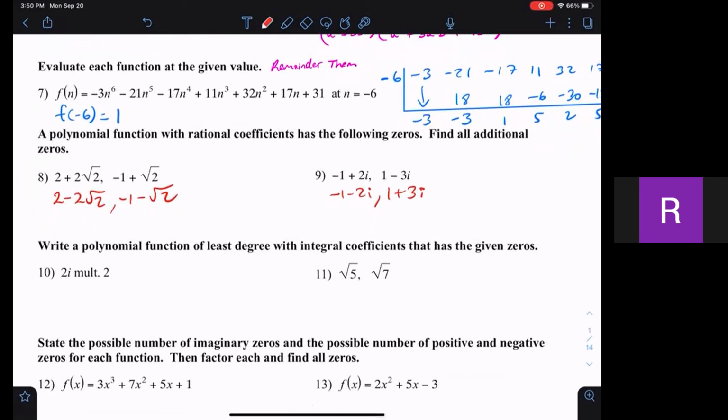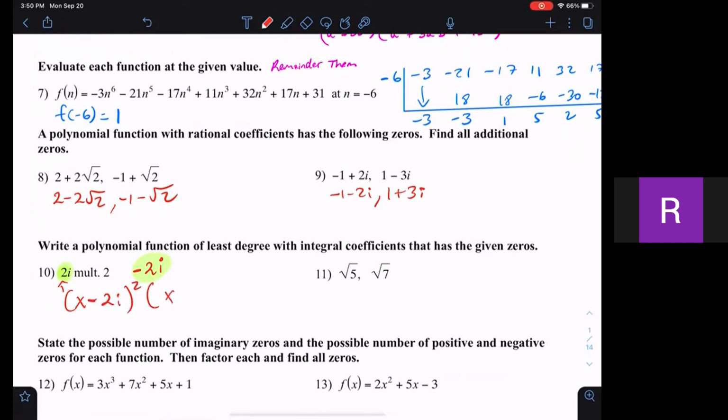Here they say write the polynomial function of at least degree. Okay, so here they said these 2i has multiplicity of 2, but remember there's another 2i, right? Because this has a conjugate pair. So that means this is going to be x minus 2i, right? That's this guy right here. It has multiplicity of 2.